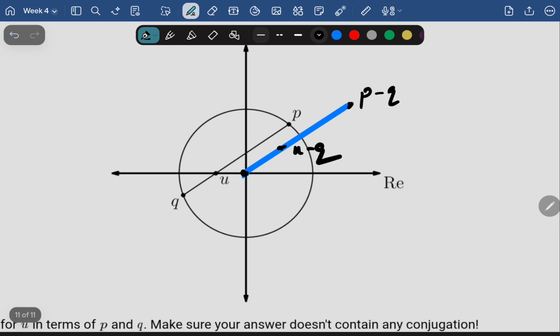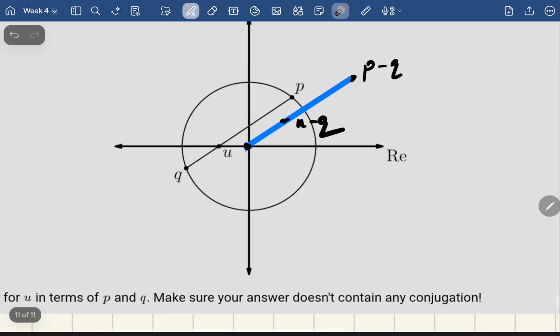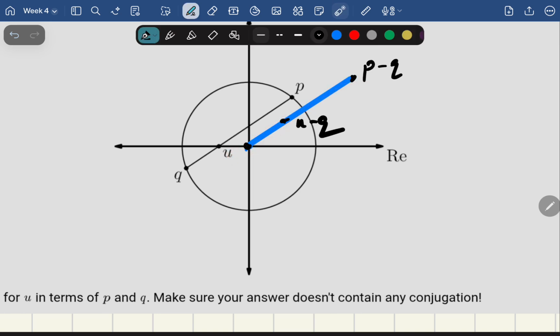U minus Q. And then this is a dilation of this, and they're all collinear. So we know that P minus Q over U minus Q is a real number.